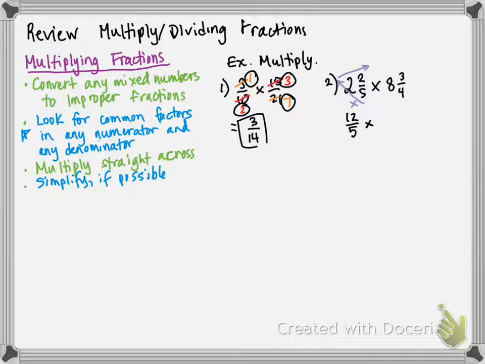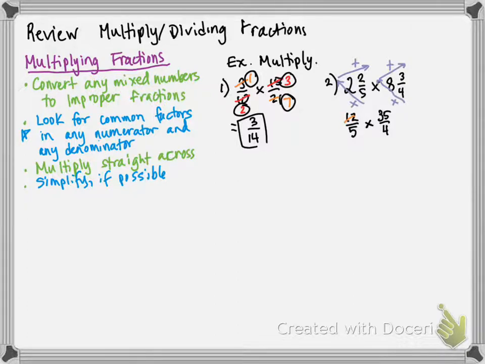And then on this one, 8 times 4 is 32. 32 plus 3 is 35. So that gives me 35 fourths. And again, I'm going to look for any factors that I can divide out. So top left to bottom right, I notice they have a 4 in common.